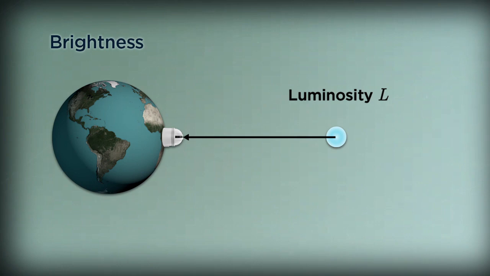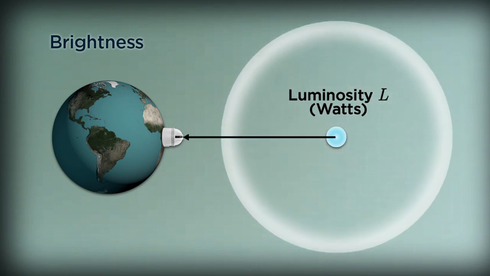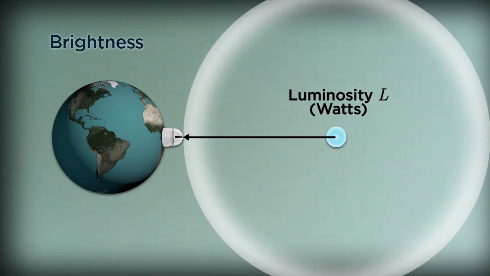We can measure L in units of watts, for example. And all that power spreads out as the radiation goes farther from the source. The Earth is far away at a distance of d. So by the time the light reaches the Earth, it's been spread out over a huge sphere of radius d.